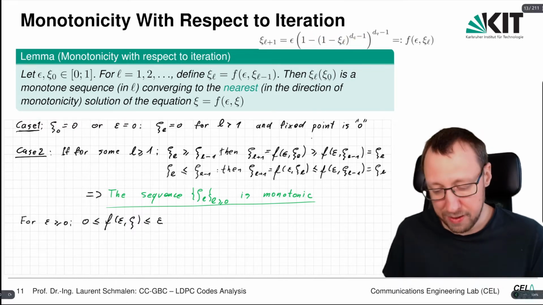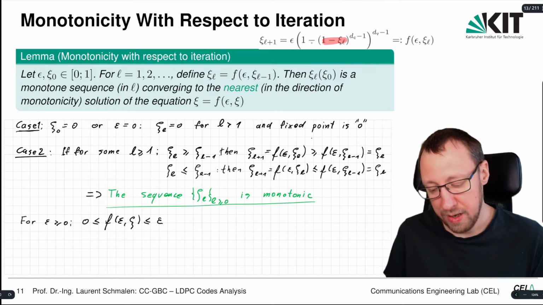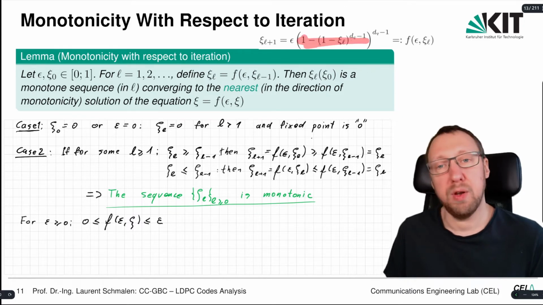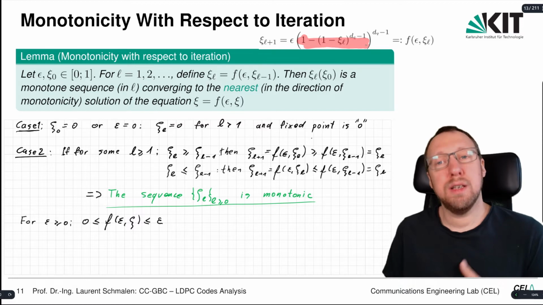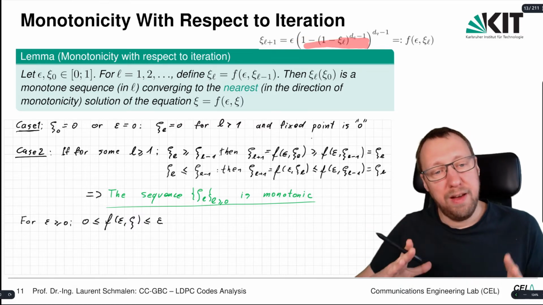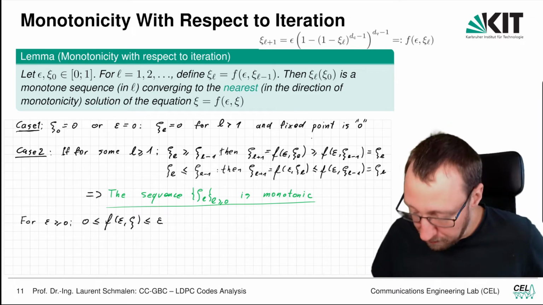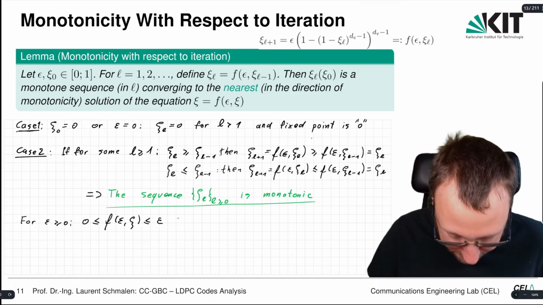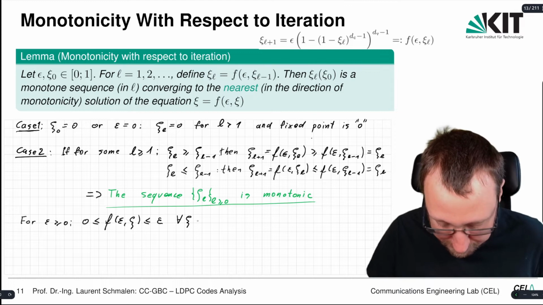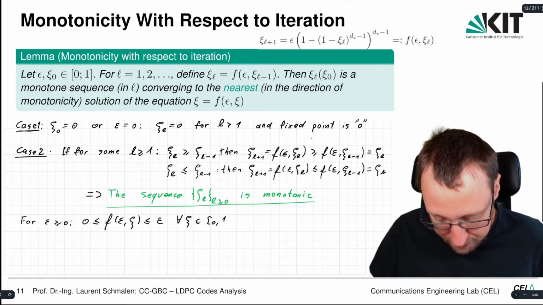C is a probability, so this term will be between 0 and 1. This term will be between 0 and 1. So we have f of epsilon C always between 0 and epsilon. This is the case for all C between 0 and 1.